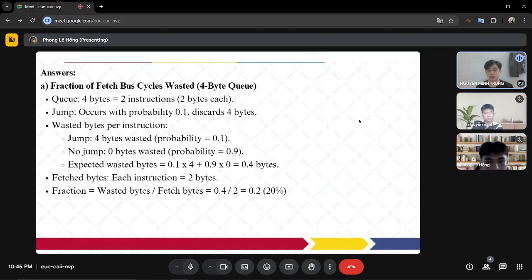Divided by 2 bytes per instruction, the fraction is 0.4 divided by 2, which is 0.2.